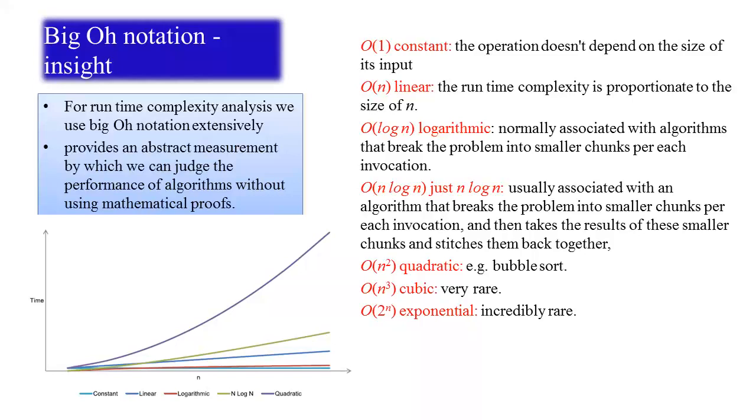That is the physical meaning that we take. So what is O of n? We know that O of n is linear. The runtime complexity is proportionate to the size of n, so as the size of n increases, it increases in a linear fashion. That is a takeaway concept. In the same way, we can talk about logarithmic, O of log n.